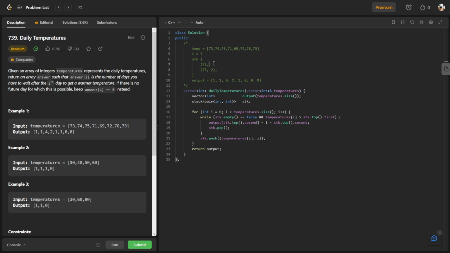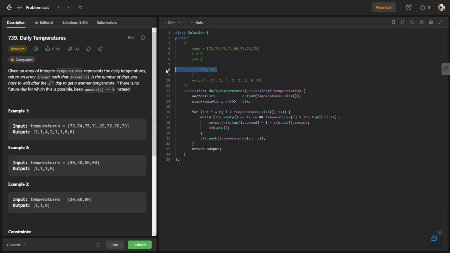72 at 5. Moving on, 76. Since 76 is more than 72, at index 5 it will be 6 minus 5, which is 1. So we pop it. And 76 is more than 75, so it will be 6 minus 2, which is 4 at index 2.